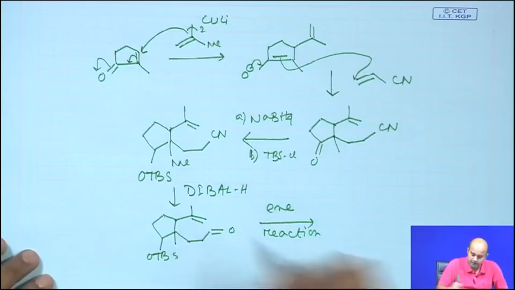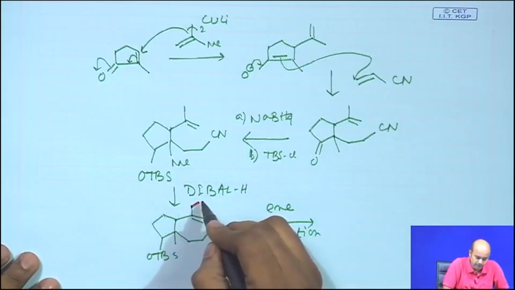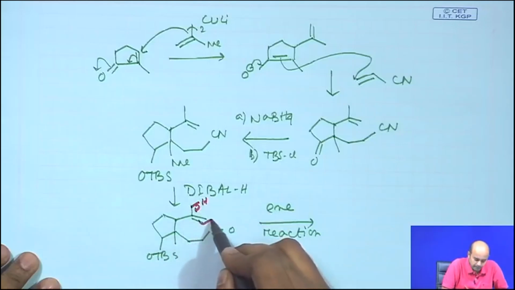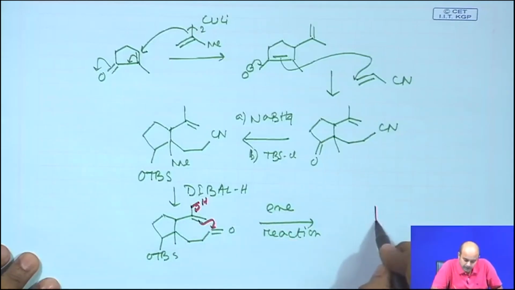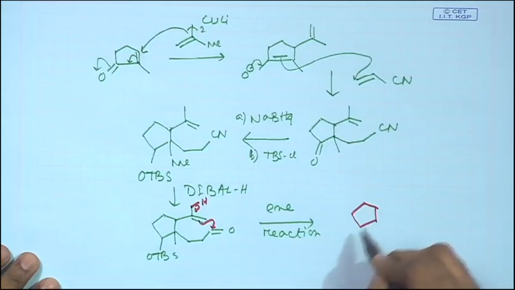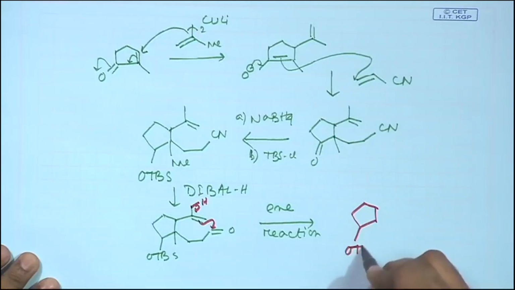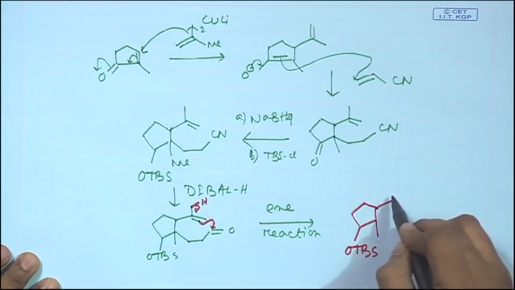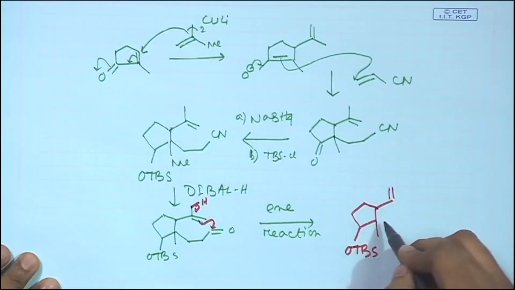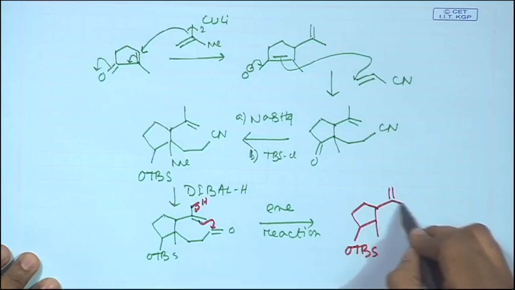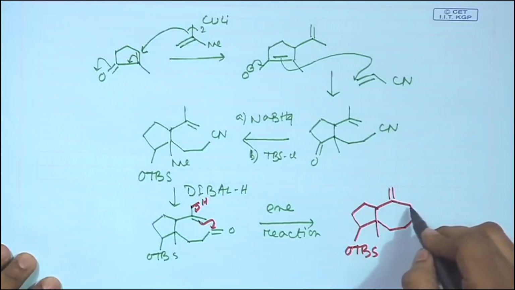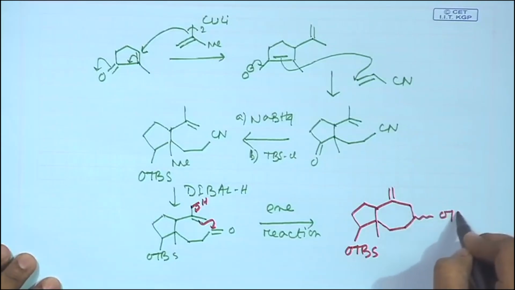As I said, the ene reaction is basically a thermally driven reaction, and then you basically have an ene product. This is called the carbonyl ene reaction, and then this double bond will be generated. You have these things, it is CH2, and the OH.